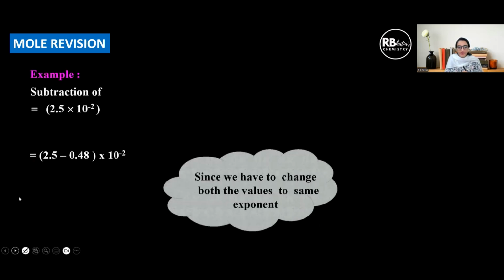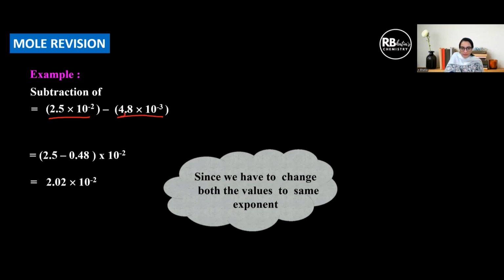Supposing I have to subtract these two numbers: 2.5 into 10 to the power minus 2 minus 4.8 into 10 to the power minus 3. Again, what will I do? I will bring this to this side, 0.48. Since I've moved it to the left, I'll have one positive power, and 10 to the power minus 3 is already there, so these two will become 10 to the power minus 2.